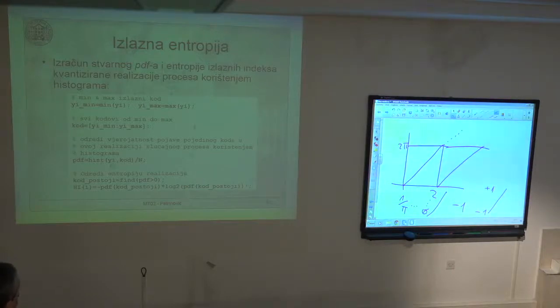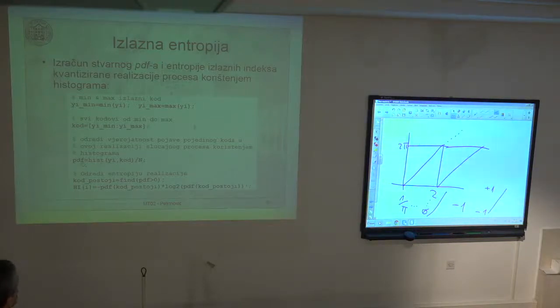Once I have this histogram, I divide it by the total number of samples, and I get the discrete probabilities of observing each of the symbol values. So from the largest negative value to the largest positive value, what is the probability of observing each of the symbols?